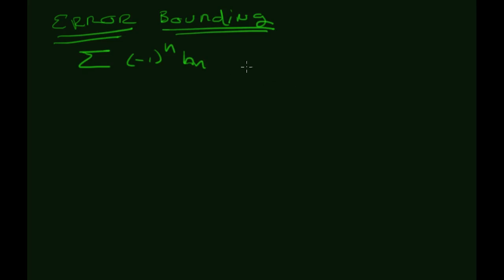Okay? And we have to know that that series converges in order to even contemplate having an error bound. All right, so the idea here is that I often don't have an easy way to calculate the entire sum. Like if it's not a geometric series or I don't know how to make a sequence of partial sums, I really just don't have a way to get this total without doing a whole lot of unnecessary mathematics.